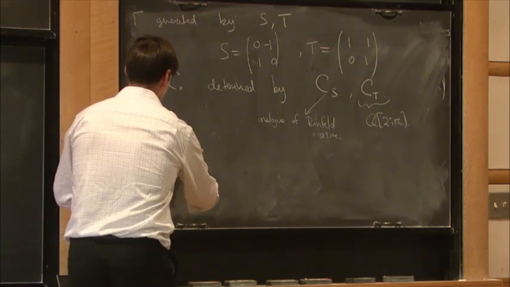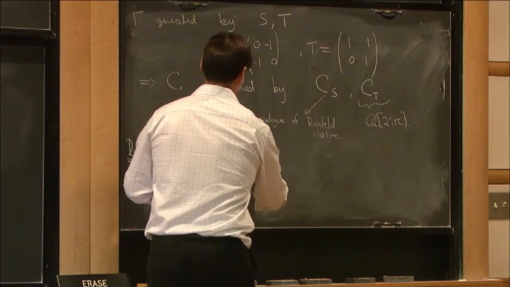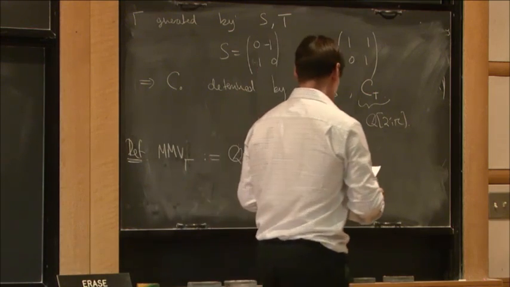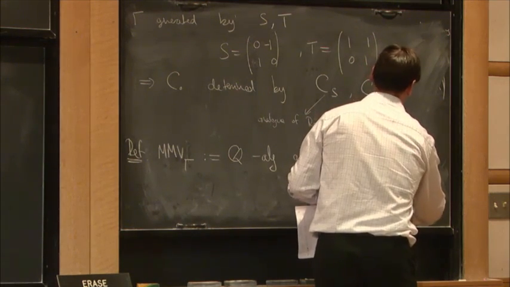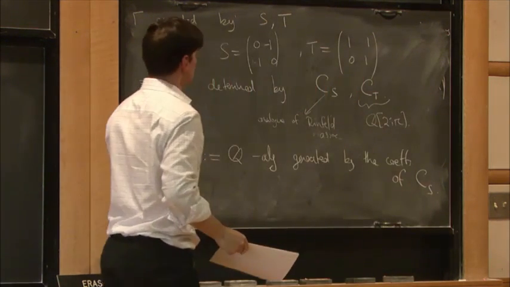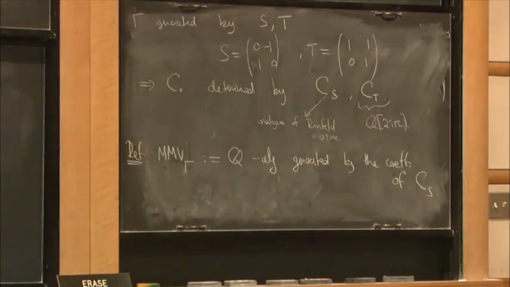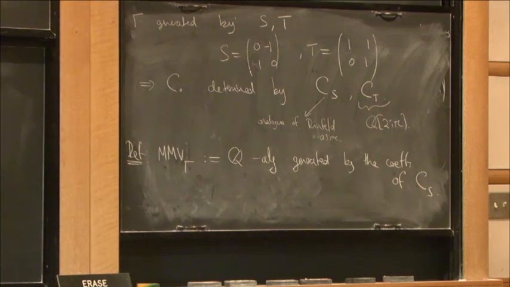The ring of multiple modular values for this group, SL2Z, is simply the Q algebra, or equivalently the Q vector space, generated by the coefficients of the canonical cocycle evaluated on S. And if you just read off the coefficients in length 1, you get exactly this Zagier classical period integral, and you get the Eichler-Shimura one, which I've erased, unfortunately. So this is a generalization of something very classical.